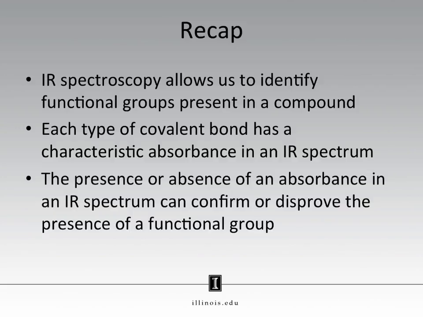The presence or absence of an absorbance in an infrared spectrum can confirm or disprove the presence of a functional group. Of course, there are exceptions and we will discuss them in the next webcast, but for now, if an infrared spectrum contains an absorbance for a particular bond, that means the molecule has that type of bond. If an infrared spectrum does not contain an absorbance for a particular type of bond, that means the molecule does not contain that type of bond.